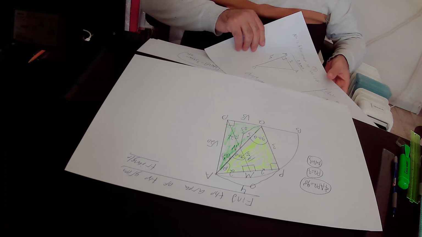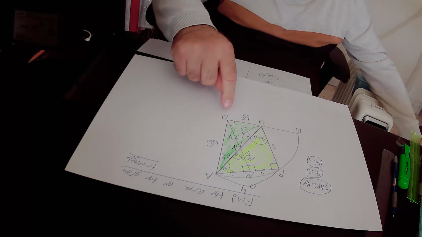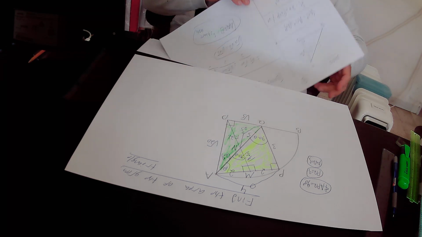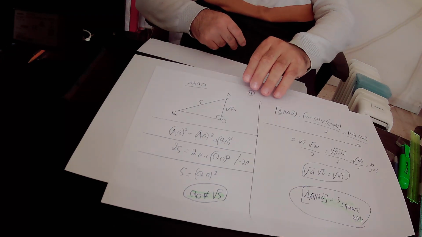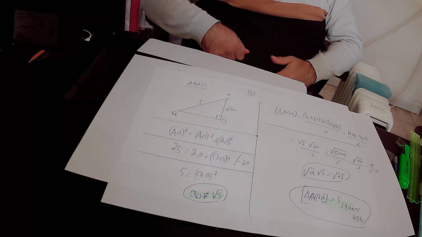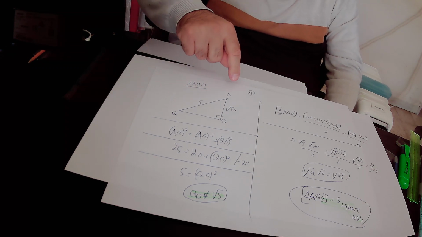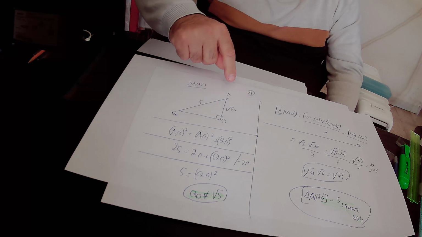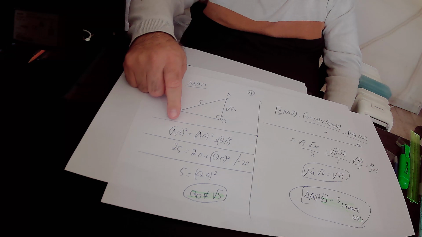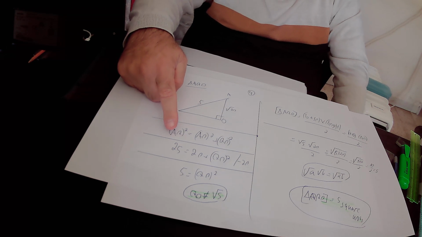Then I copied the right triangle AQO in a new page and we implemented on it the Pythagoras theorem. This is the right triangle AQO that I copied from the original drawing. According to the Pythagoras theorem, AQ square equals AO square plus QO square. AQ equals 5, therefore AQ square is 5 squared, that is 25.